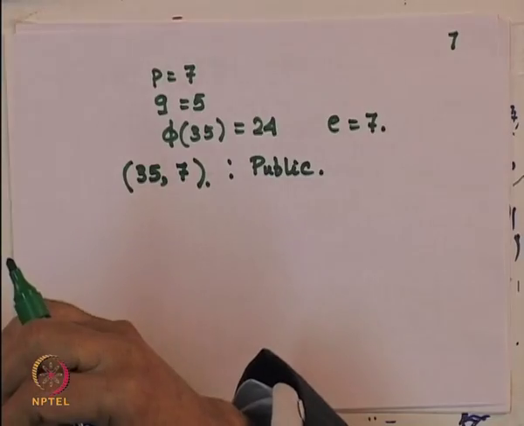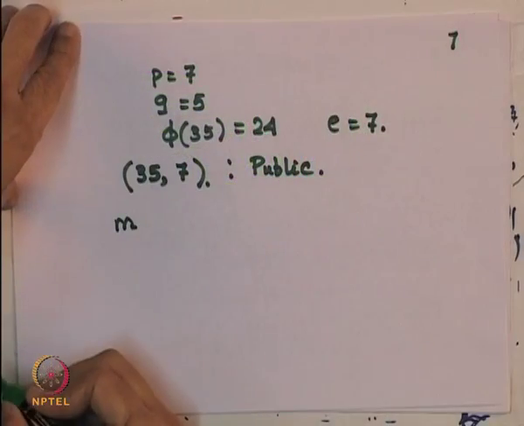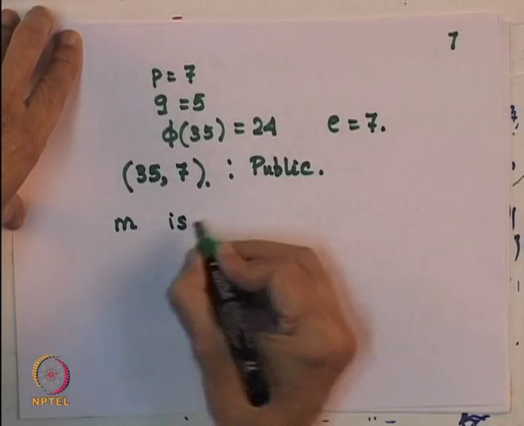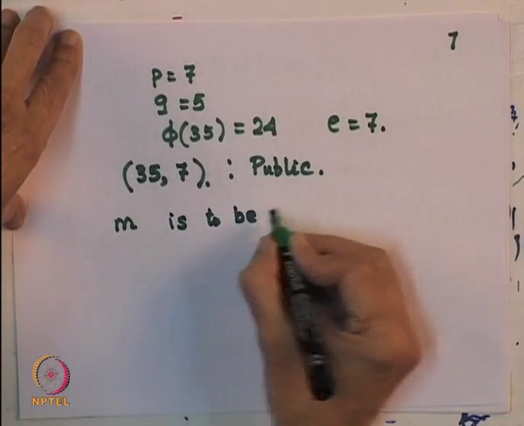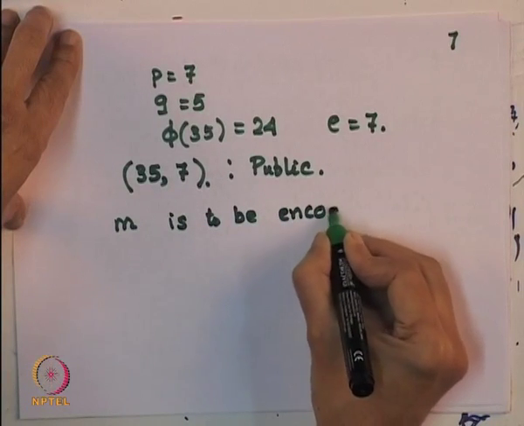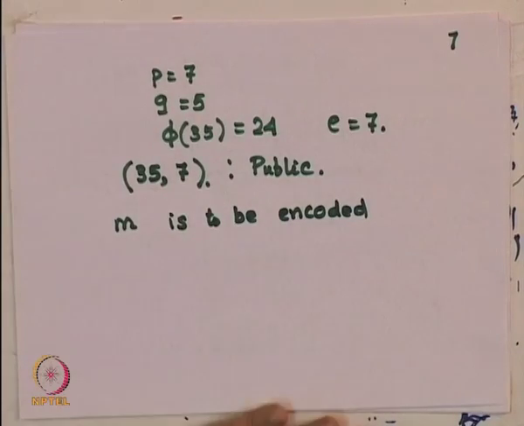What the public code means is this. Supposing I want to encode a number, M is the message, M is to be encoded. The algorithm that I am talking to you about is the coding done by anyone who is interested in sending a message to Bob.